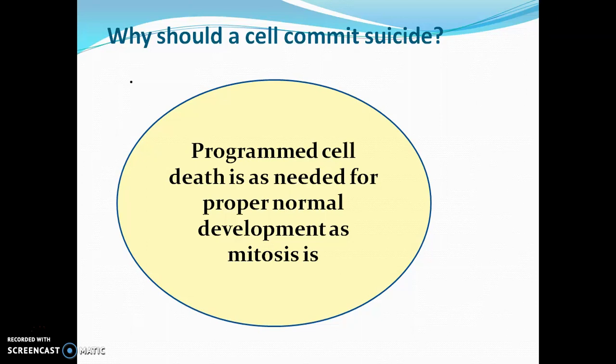But nature has designed a process of programmed cell death which removes the unwanted cells from the body, or the abnormal cells or immature cells, or the cells which have served their useful function in the body. They are removed from the body by the process of apoptosis, which is programmed cell death.